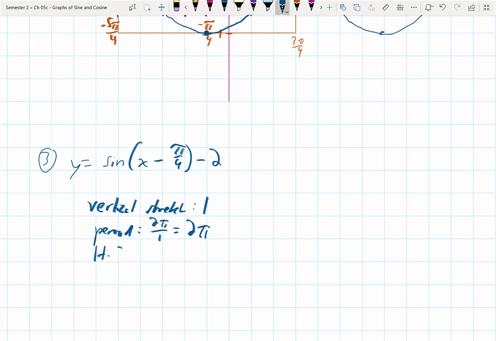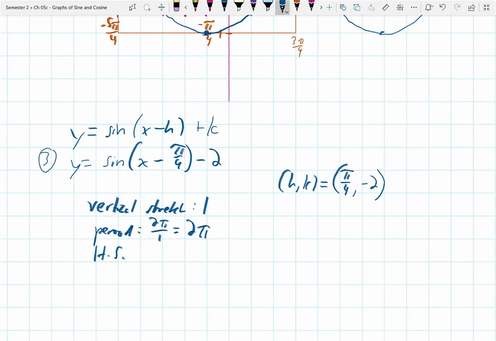My horizontal shift, I can see by my h, k value here, is pi over 4, negative 2. Again, if I model y is equal to sine of x minus h plus k, let's not put the a and b values in, but if I just look at that, that tells me what my h, k values are. So positive pi over 4, negative 2.